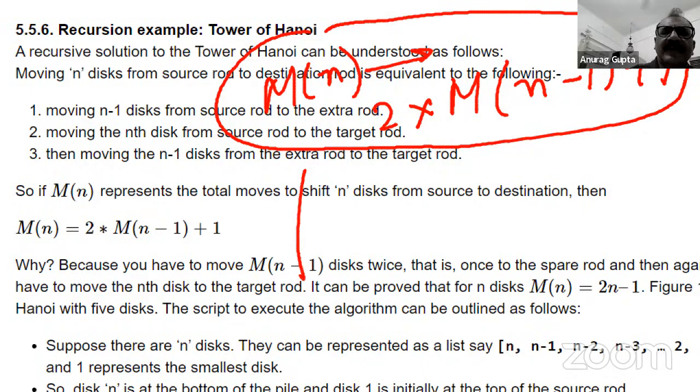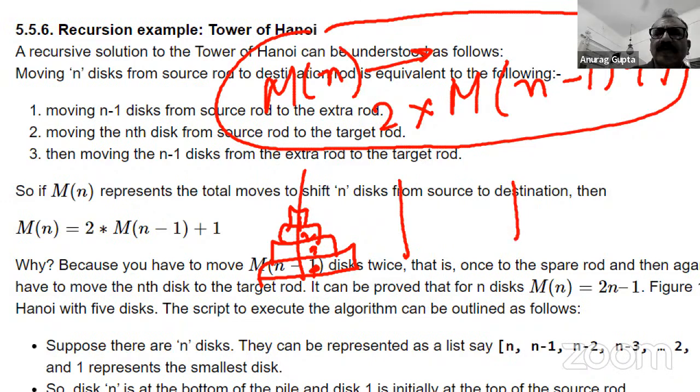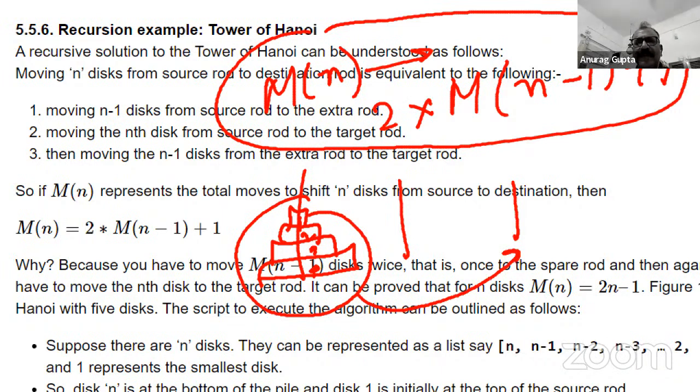Suppose you have a Tower of Hanoi with 4 discs, let me call them 1, 2, 3, 4, and there are spoke 1 and spoke 2. Suppose you want to shift this entire thing over to this one. This is equal to moving these 3 over here. That means after this happens, you'll have 4 left only over here.